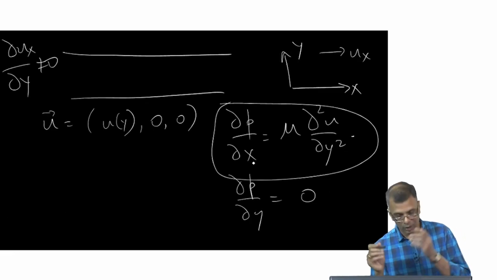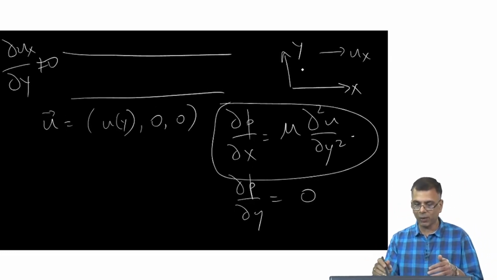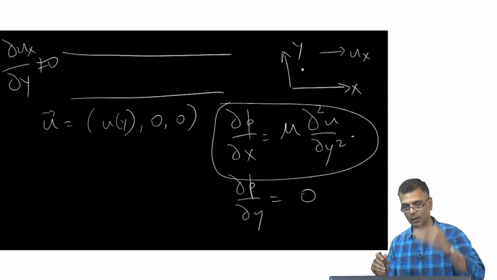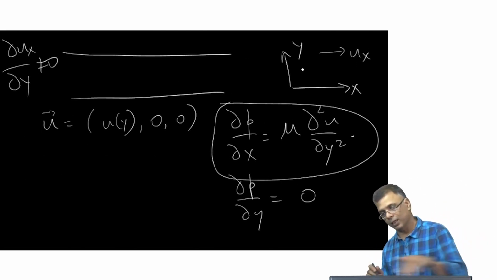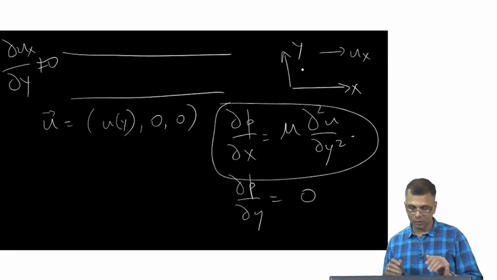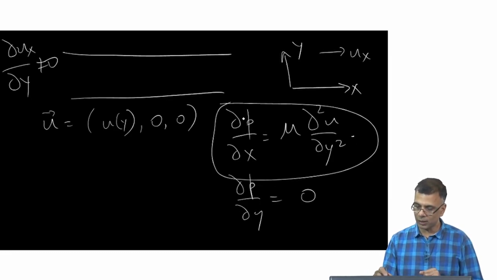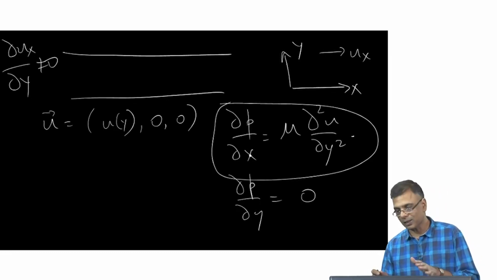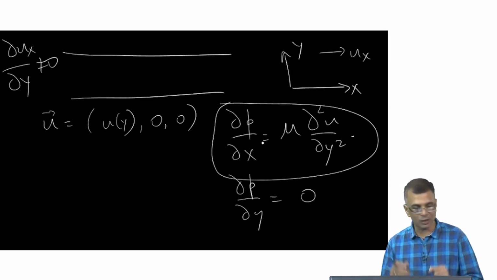The other thing to keep in mind is that these plates are infinite in the direction perpendicular to the screen, and also infinite in the x direction. So as far as this equation is concerned, the d squared u dy squared, this is a constant. This is dp dx. As far as the y variation is concerned, this one is a constant, right?